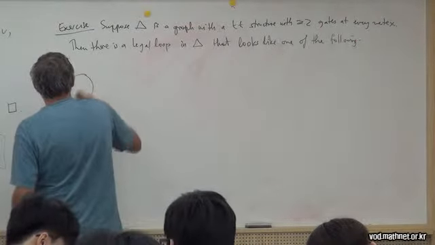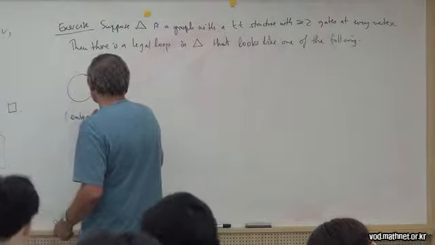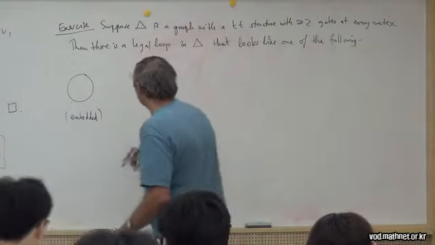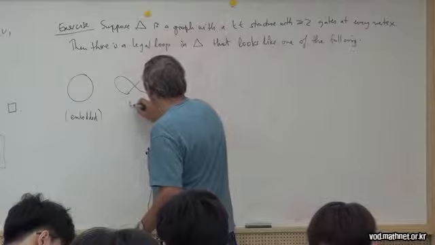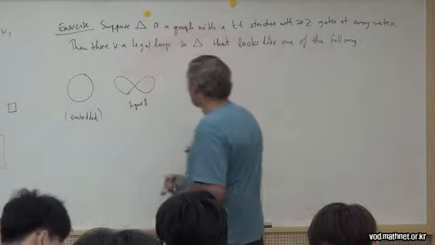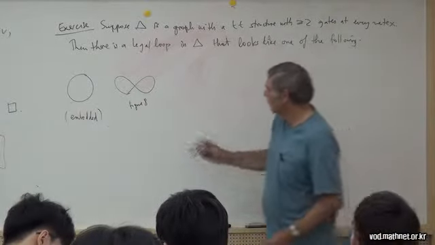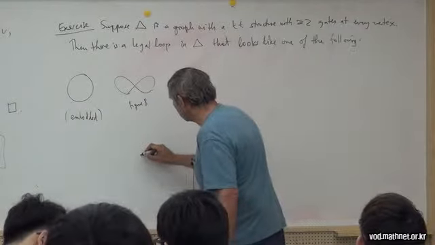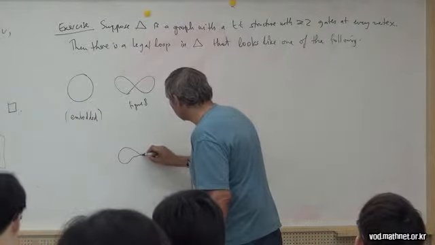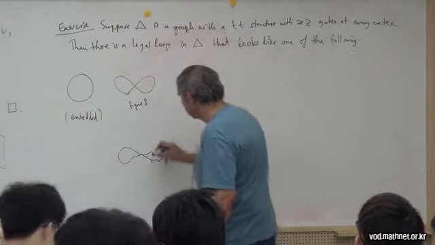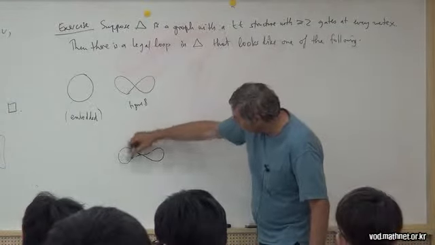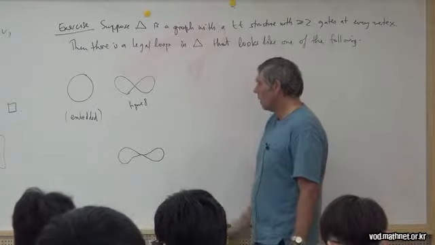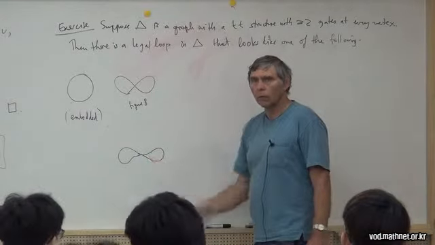It could be embedded. So that just means that it's embedded, like this, right? It could be a figure 8, like this. For example, if you have a train track structure that looks like this, there are 2 gates, and the 2 directions within each loop are equivalent.